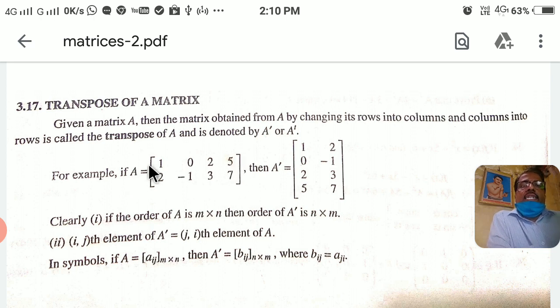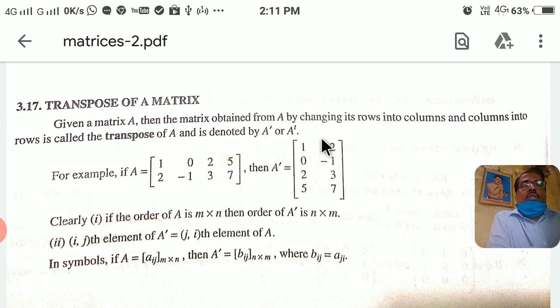If I interchange rows into columns, this row 1 0 2 5 becomes a column 1 0 2 5, and similarly the second row 2 minus 1 3 7 becomes a column 2 minus 1 3 7.